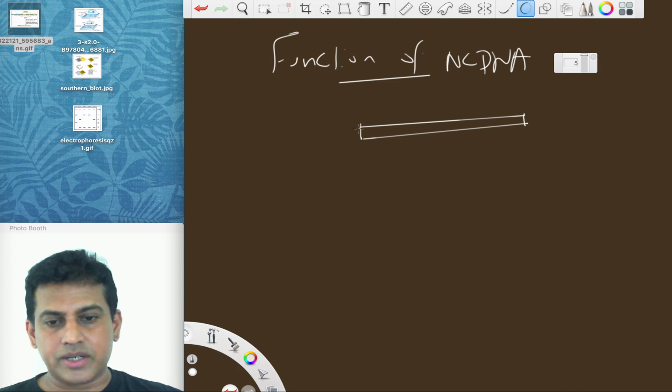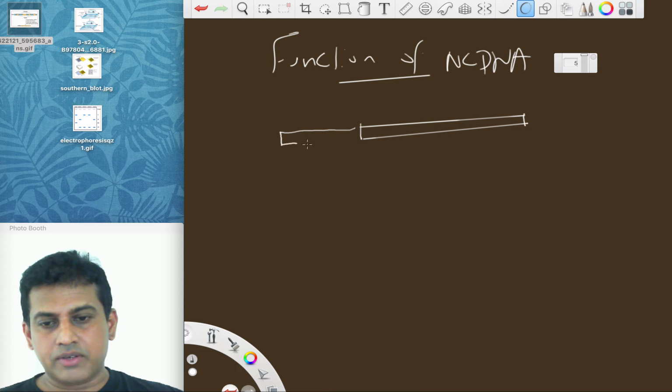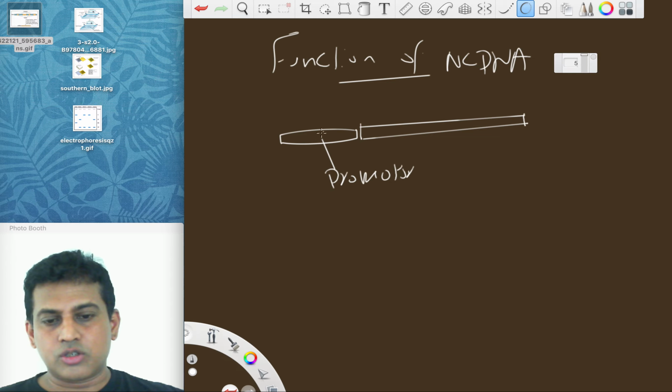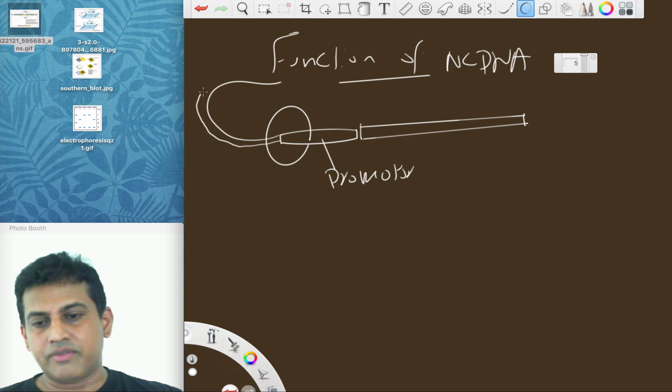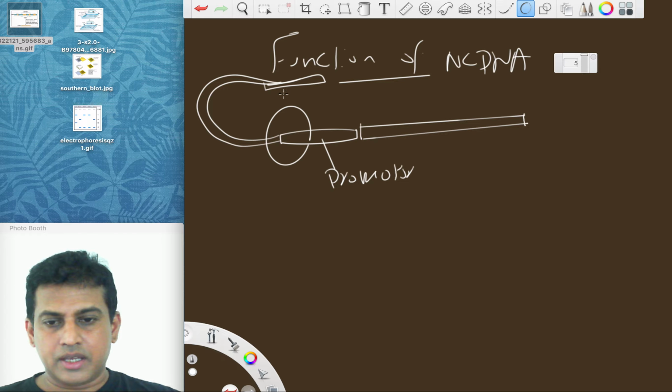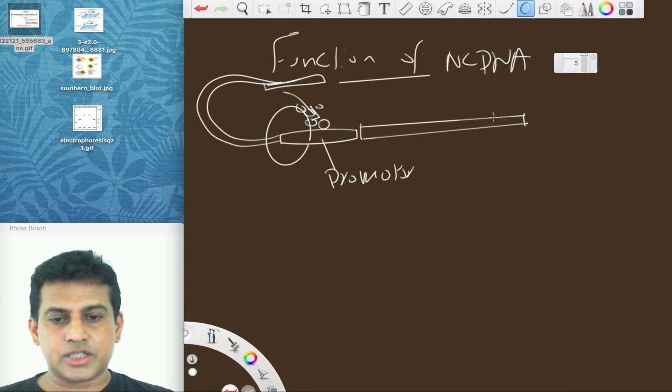Before the coding region, we could have a region called a promoter. The RNA polymerase binds onto the promoter, and a little bit farther away from the promoter we have an enhancer or maybe a silencer. The enhancer or silencer can again interact with the promoter region in cooperation with transcription factors to regulate gene expression.